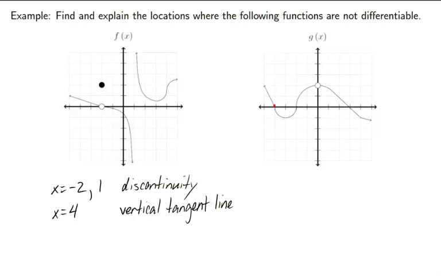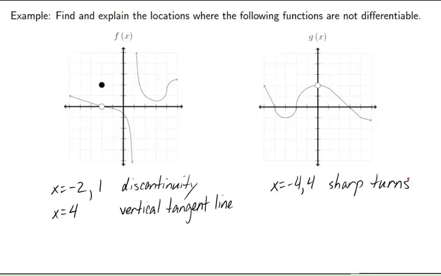Next one. At x equals negative 4, there's your first example of a sharp turn. But I notice another one that I'm going to go ahead and mark here. At positive 4, there's another sharp turn. Again, sharp turns mean that the derivative does not exist. It's not differentiable. Just a quick example. From the left, it looks like the slope is coming down at negative 1.